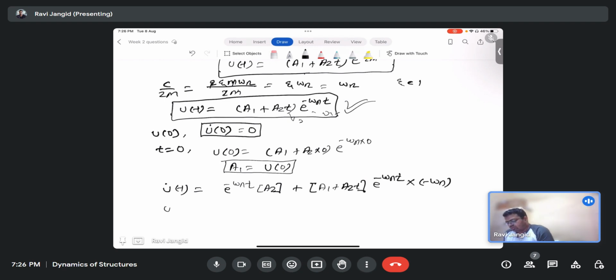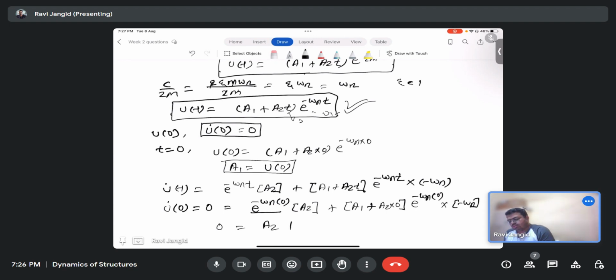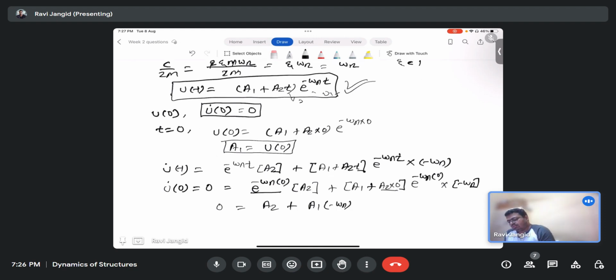So at t equal to 0, u dot becomes 0: e to the minus omega n times 0 into a2 plus a1 plus a2 times 0, e to the omega n into 0, into minus omega n. That will become 1, so that is a2, plus a1 times minus omega n.